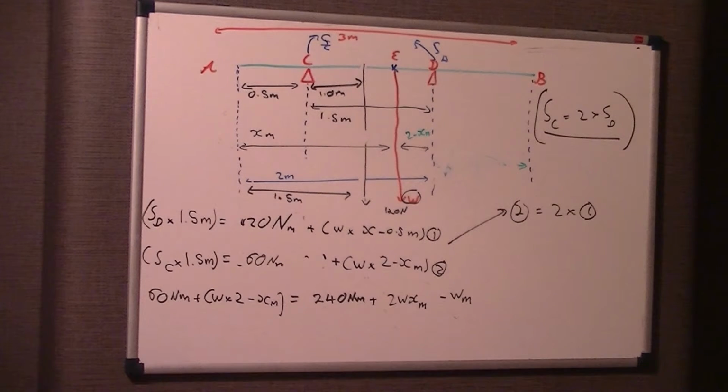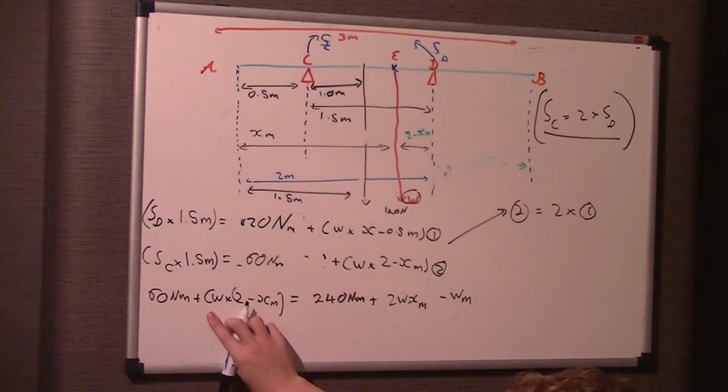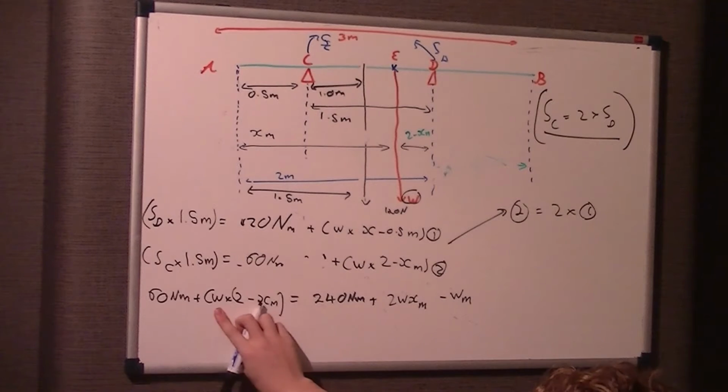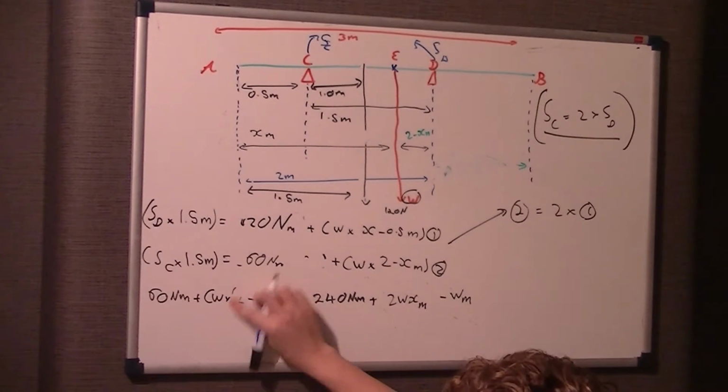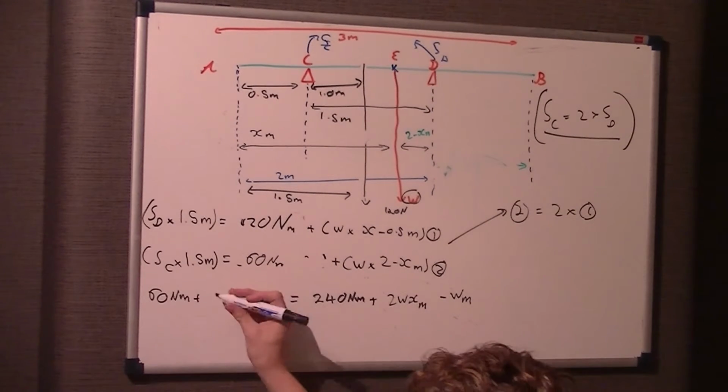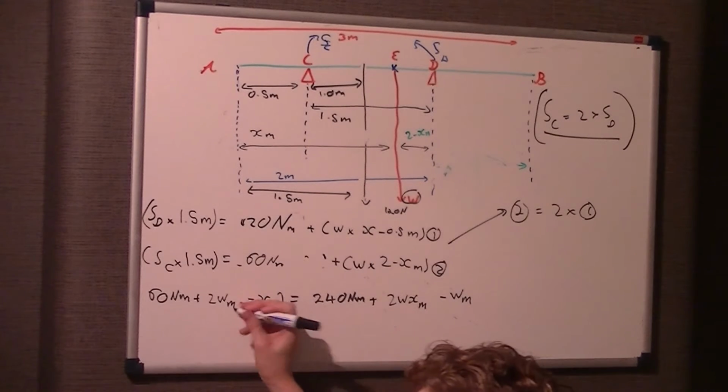Okay, so then what you do now is expand this bit. So it's W times 2 take X meters, so you'd expand that, so it would be 2W take W times X. Okay, so 2 times W meters would be 2W meters.